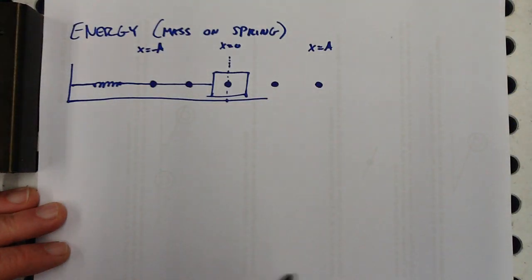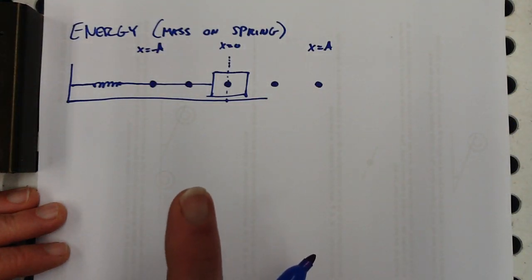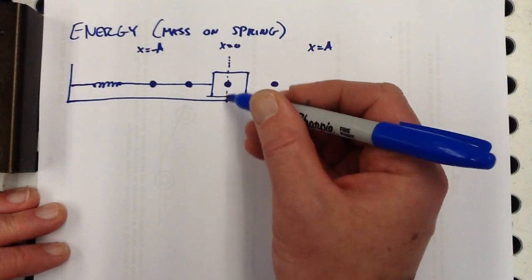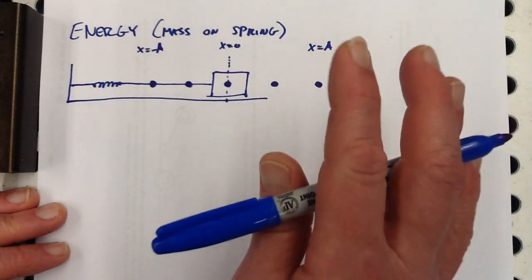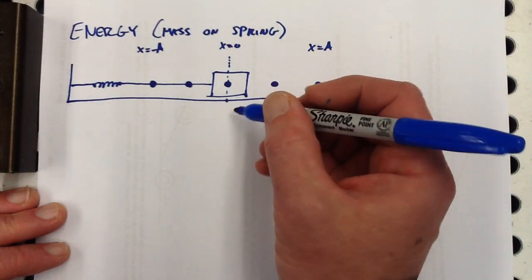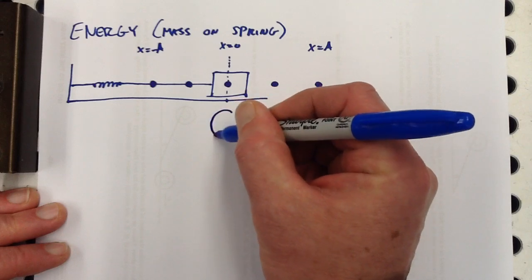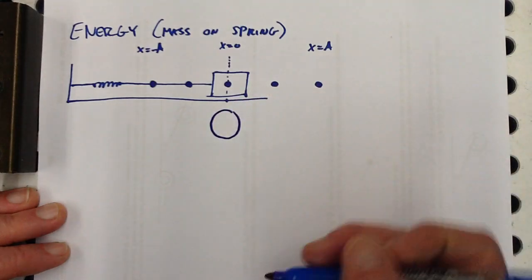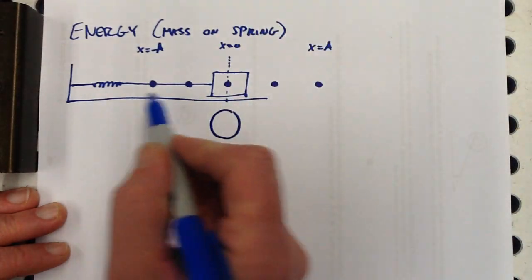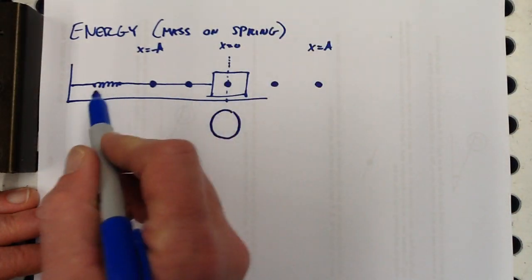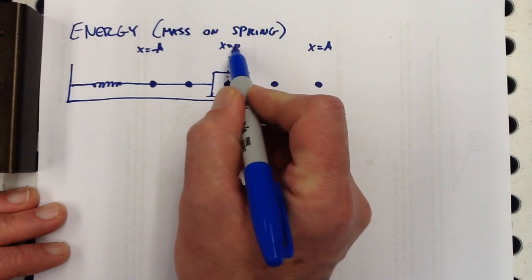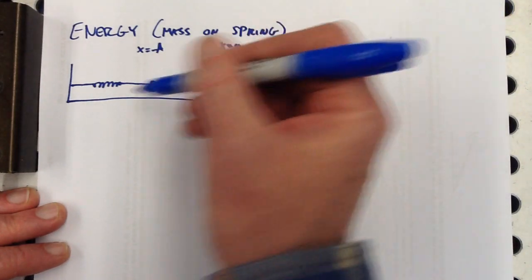Maybe we should just remind ourselves of a couple things here real quick. No, actually, not yet. Just kidding. Before we remember any equations like mathematical models from Unit 8, we can just think about the pie charts. Remember our very first way of thinking about energy. As this thing goes back and forth and passes through the middle, right here, this is where the spring is at its relaxed position.